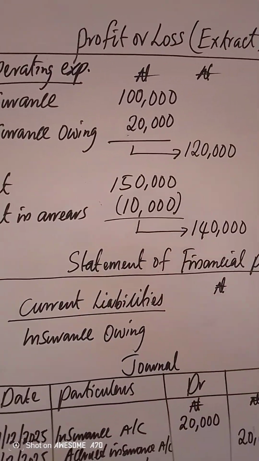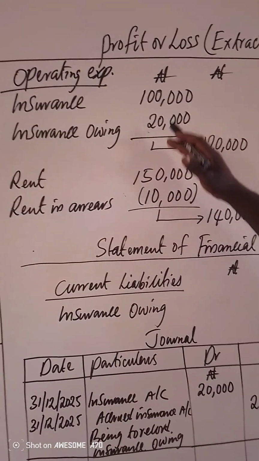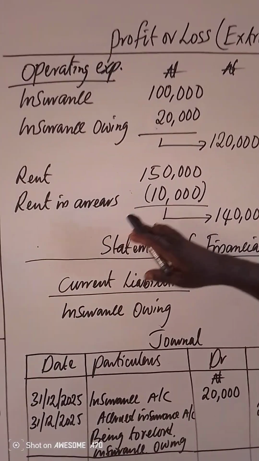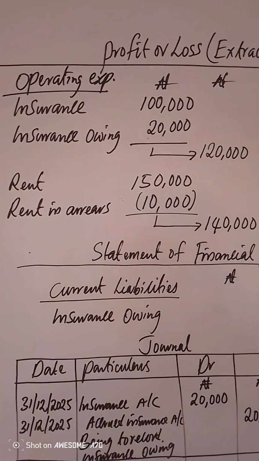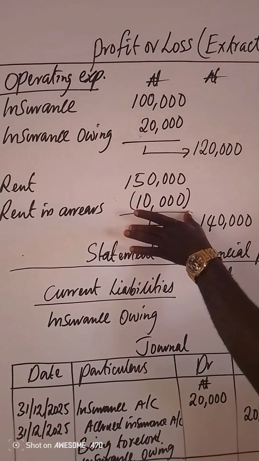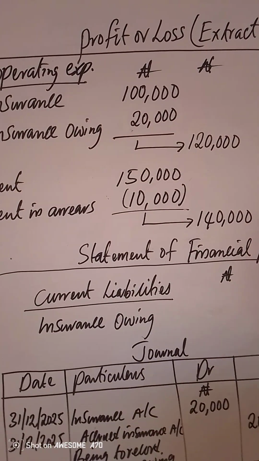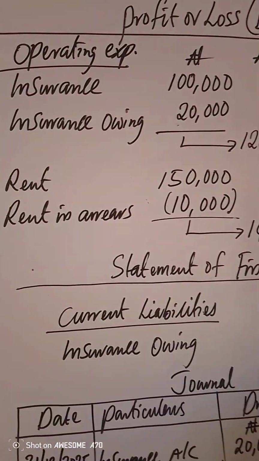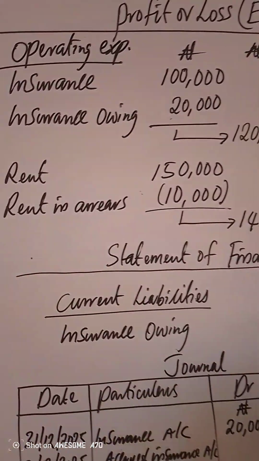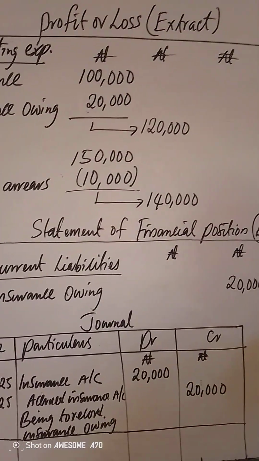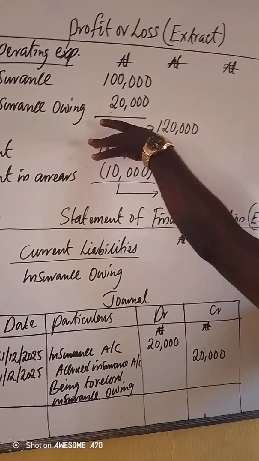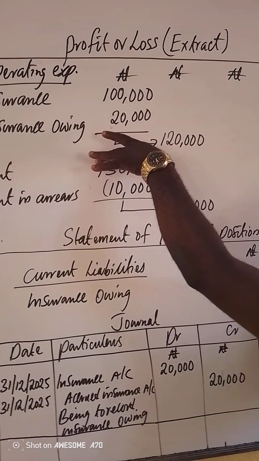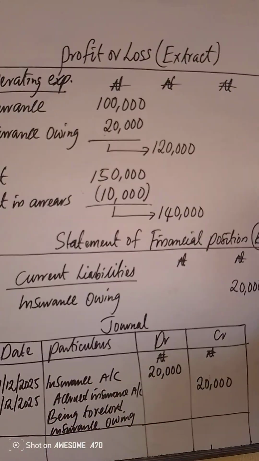We look at the difference here. The 10,000 here is not added. Why? Because this is rent in arrears of the previous year, so you cannot add it, but you deduct. That is the difference. If the arrears is that of the previous year, you are not expected to add it, but you are expected to deduct it. So in this case, we assume that the rent paid in the trial balance was 150,000.